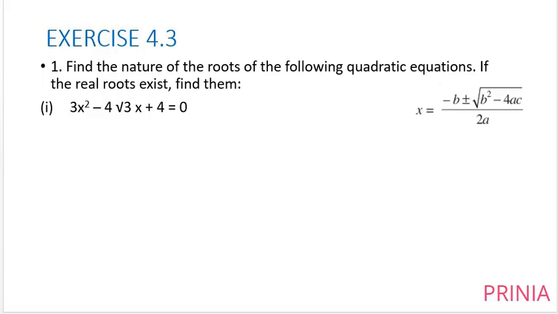Now let us solve this example, where it has been asked to find the nature of the roots of the following quadratic equation if real roots exist.